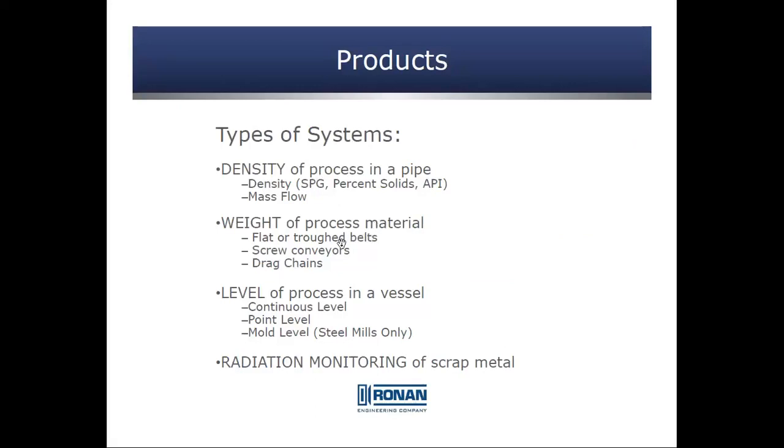For weight, we can measure the processed material on a flat or troughed belt, a screw conveyor, drag chain, open conveyors, or closed conveyors. For level, we can measure the process continuously at a point or the mold levels, which are in the steel mills. We also offer some radiation monitoring for scrap metal.